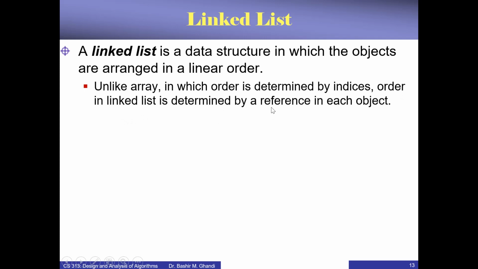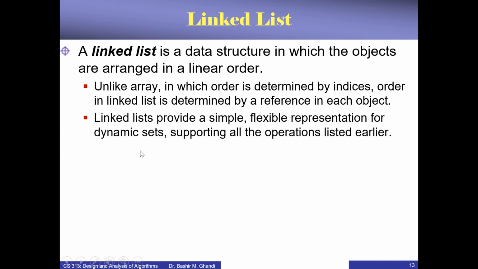So each node in the list will have a value and a reference to the next node or the previous node or both. We're going to implement a doubly linked list, so it's going to be both. We will have two references, one pointing to the previous node and one pointing to the next node.